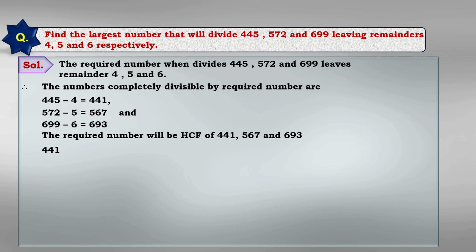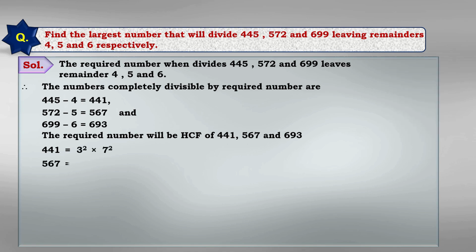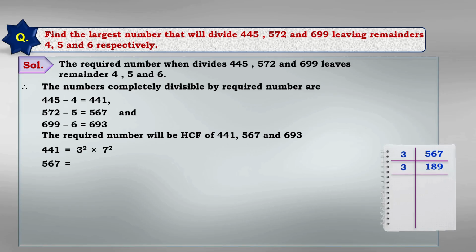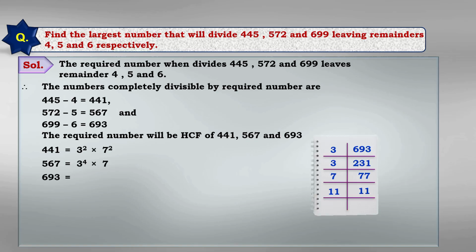441 can be written as 3 squared multiplied by 7 squared. 567 can be written as 3 raised to the power 4 multiplied by 7. 693 can be written as 3 squared multiplied by 7 multiplied by 11. Now, we take the common factors with the smallest powers.